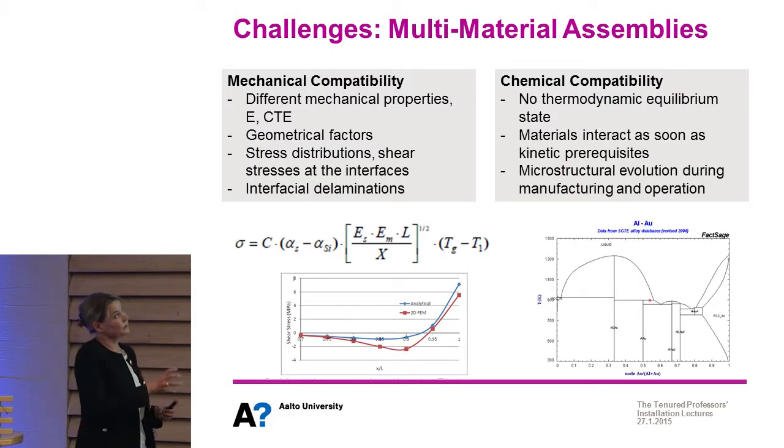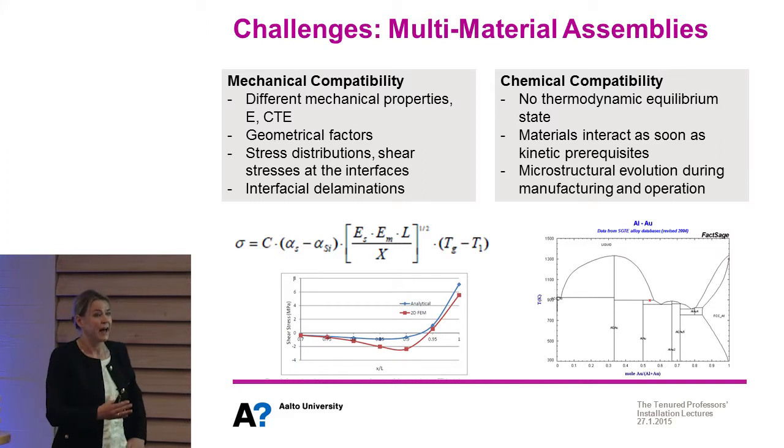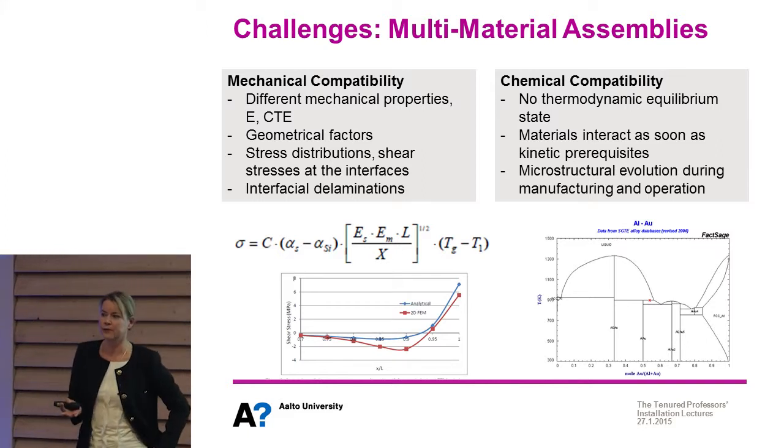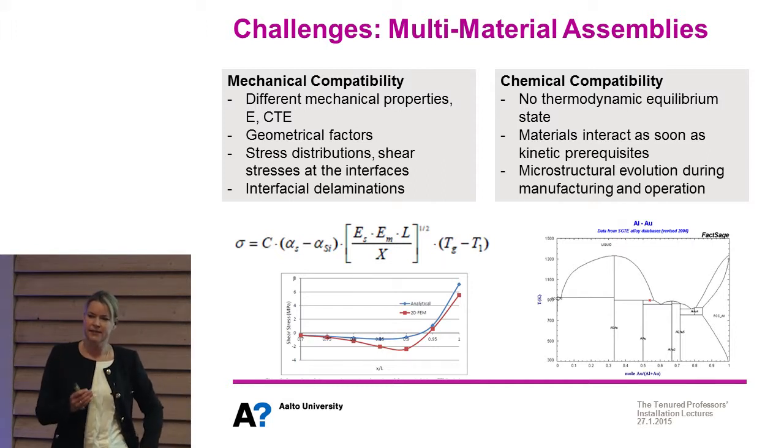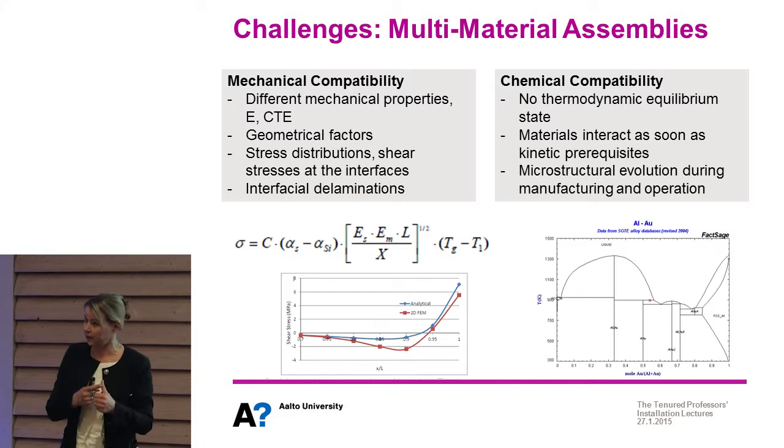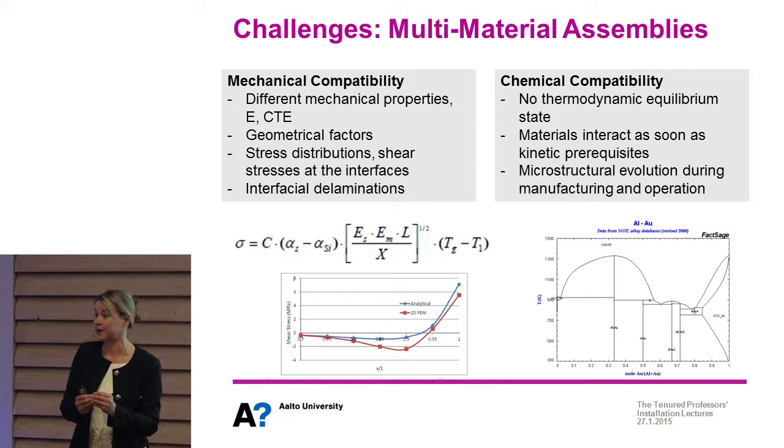So let's take a little bit more detailed look at these challenges. So first of all, from a materials point of view, this is actually a nightmare. You take distinctly different materials: ceramics, polymers, metals, semiconductors, and you place them together in a very small space and expect them to work in a very demanding environment.